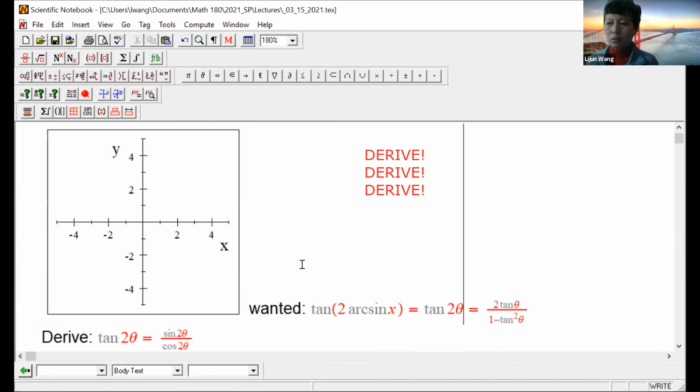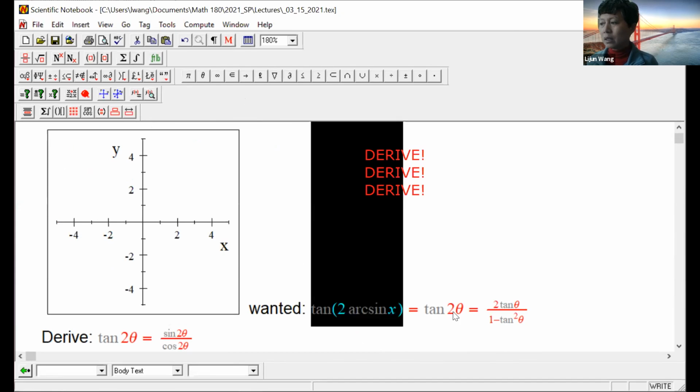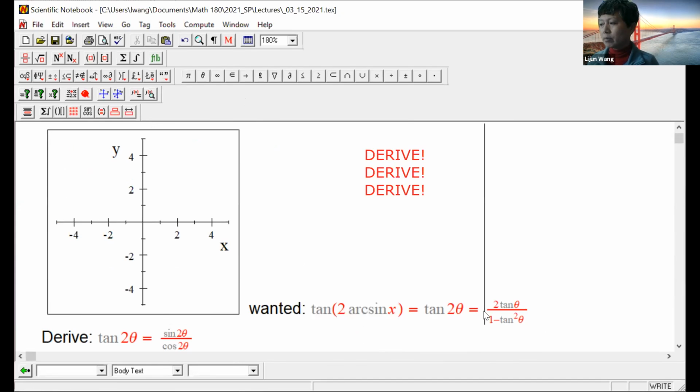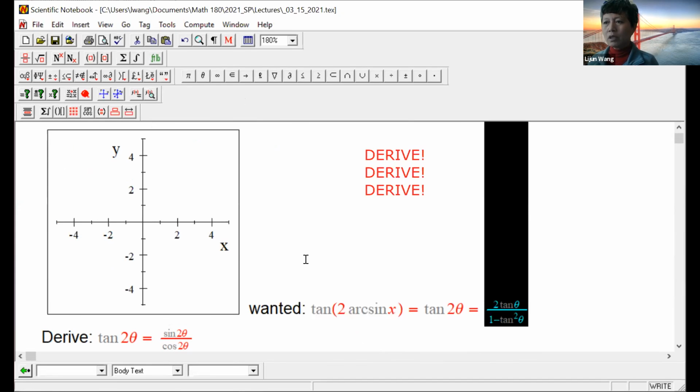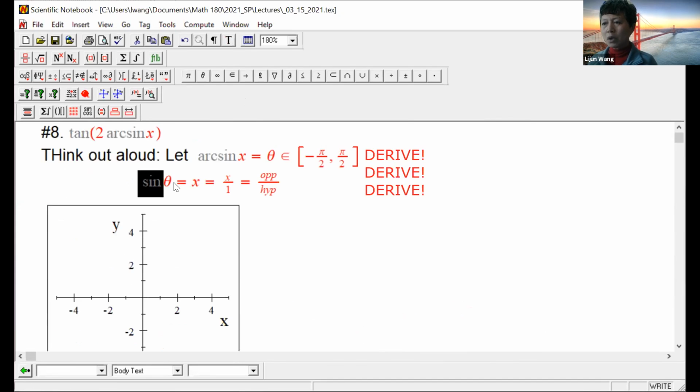So where am I now? This is what's wanted, and I have this formula derived. If I go back to what I know, I can find sine theta. From sine theta, I can find cosine theta, can I? If I have sine theta and cosine theta, can I find tangent theta? Sure.